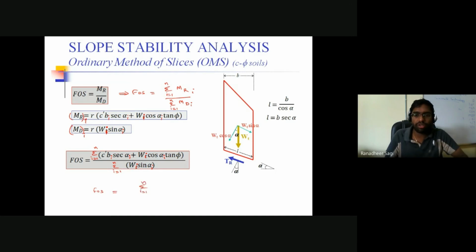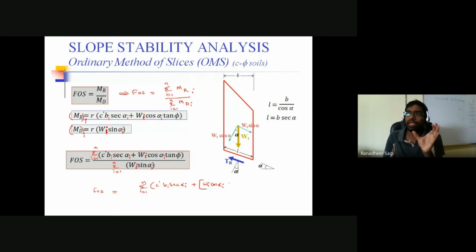Summation i going from 1 to n, c dash bi secant alpha i plus, see the change where we are coming across, wi cos alpha i. I repeat, wi cos alpha i was the normal force component.